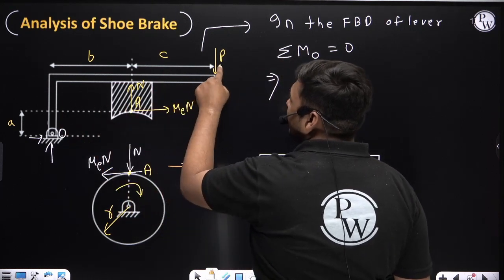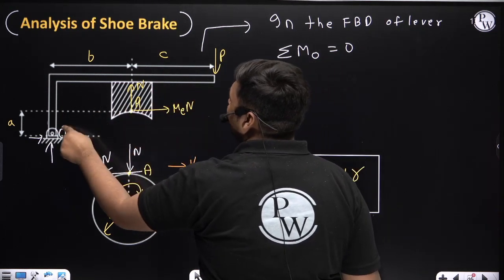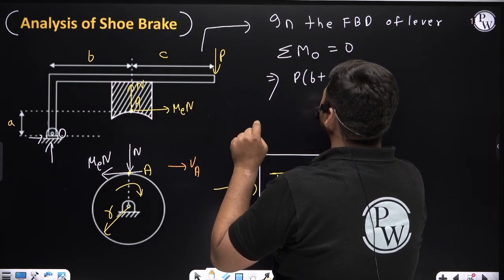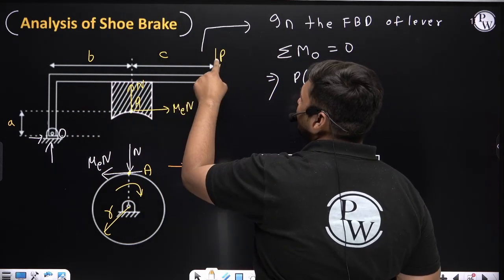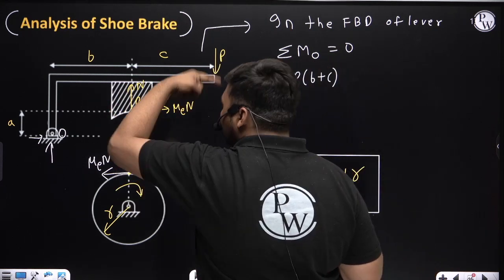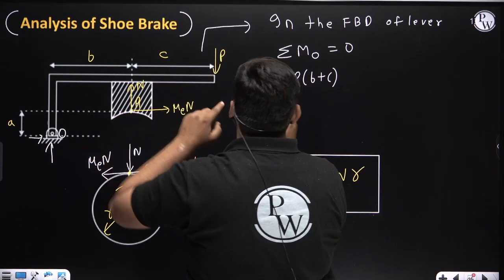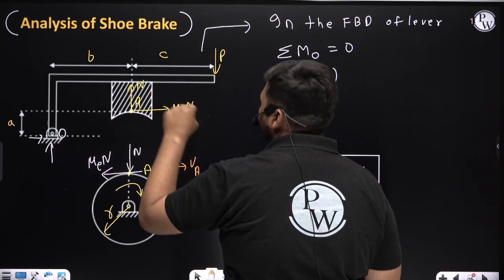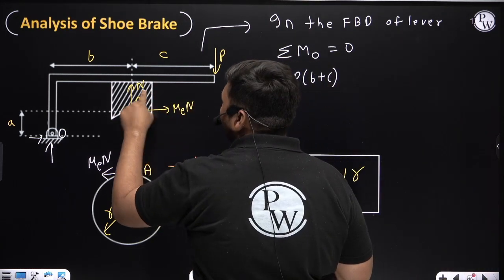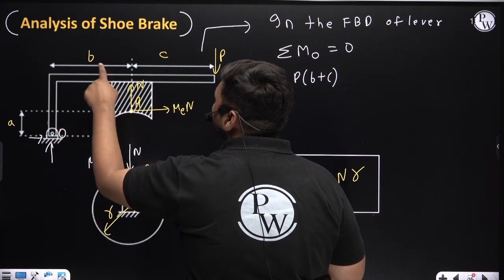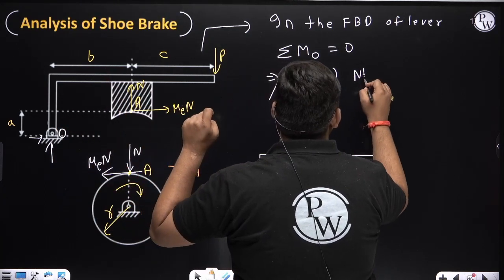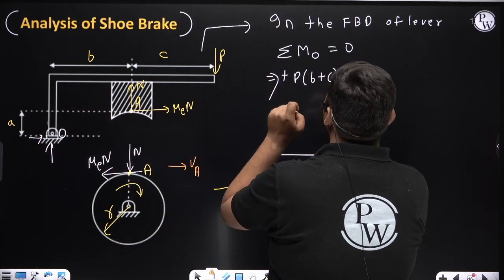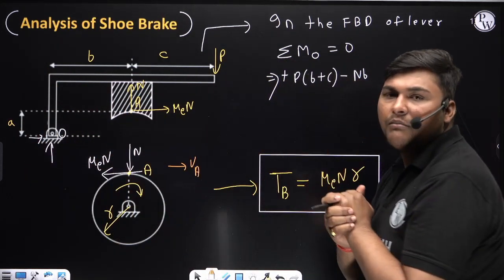The perpendicular distance of P from O is B plus C, so the moment will be P into B plus C. The direction of this moment about O is clockwise, which I consider positive. Now the moment due to this force N: the perpendicular distance of N from O is B, so the moment will be N into B, and the direction will be anti-clockwise, which I consider minus.